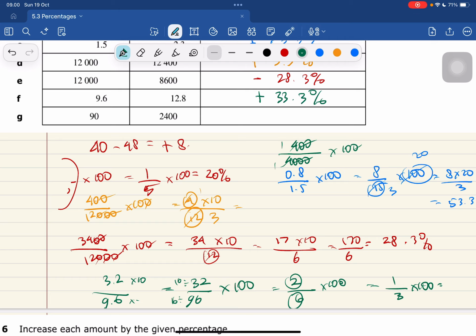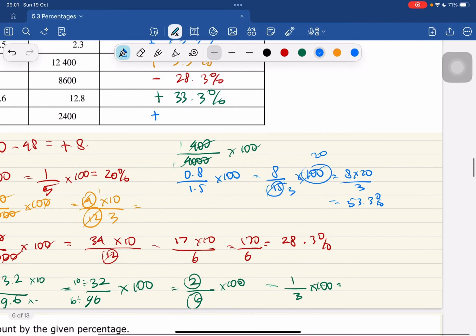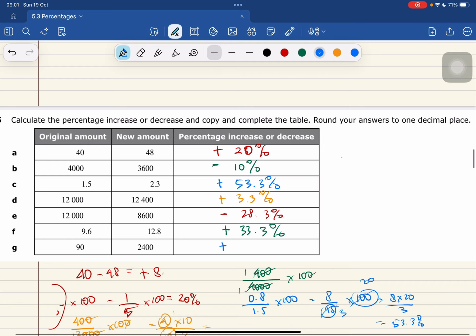Okay, look at here, 90 to 2,400. This is absolutely an increase, getting bigger. So we should find the difference between 2,400 and 90. So, okay, let's do it here. So the difference is 2,310 divided by the original, which is 90. Okay, we can simplify it by 10. So it's going to be 231 divided by 9 times 100.